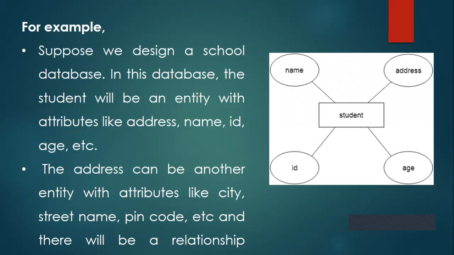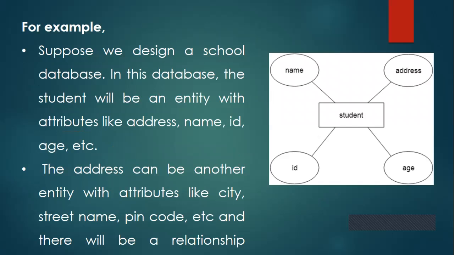Next, let us see an example here. Suppose we have a student. We represent the student in rectangular form because we call it an entity. Any entity in a database is represented in the form of a rectangle in an ER diagram. Now, what do you mean by attributes?